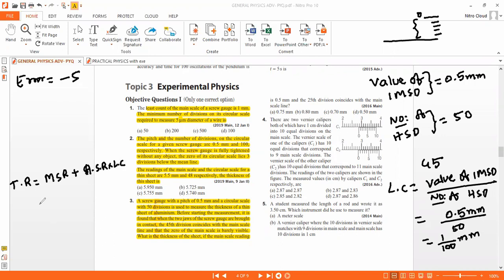First, the main scale, how much? 0.5 mm. 0.5 plus, here the 25th division coincides, so 25. Here it is minus 5. So 25 minus 5 times the least count 1 by 100.